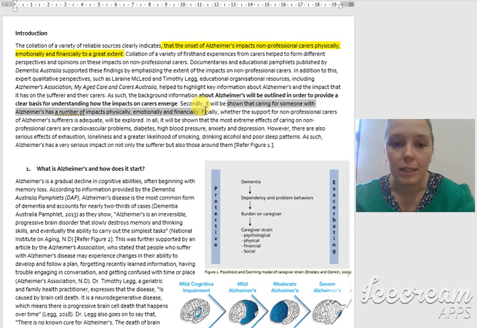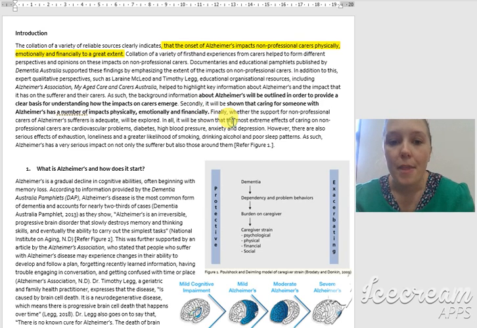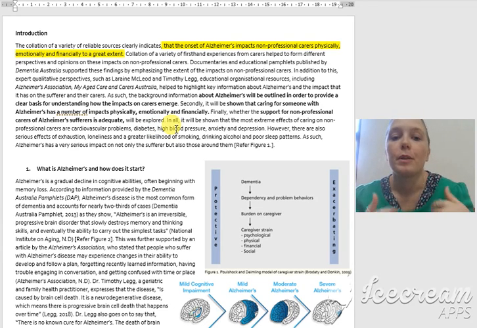Then she's going to show us that caring for someone has a number of impacts. And then she's going to talk about the support that is provided and link this in to the effects. So it's not just a separate focus question, it's linked into the fact that because it's such a great toll on people, there is support that is adequate or inadequate.